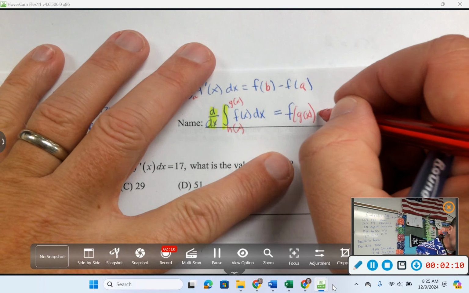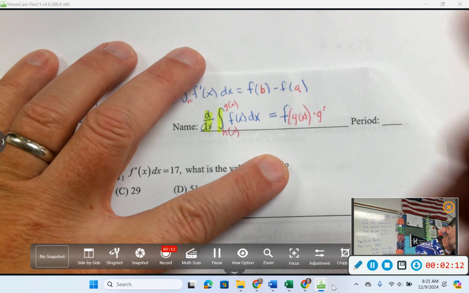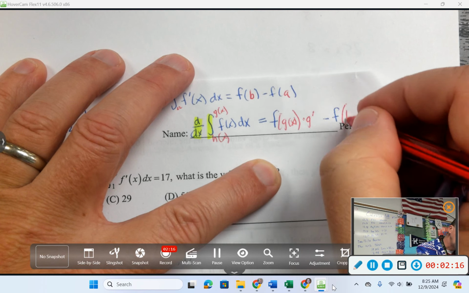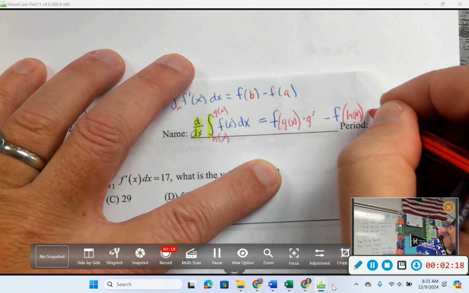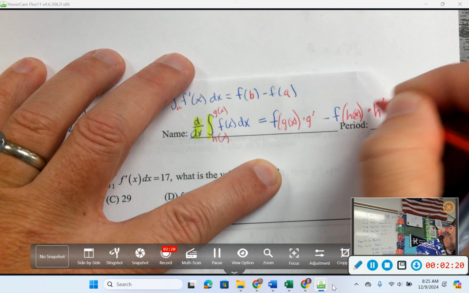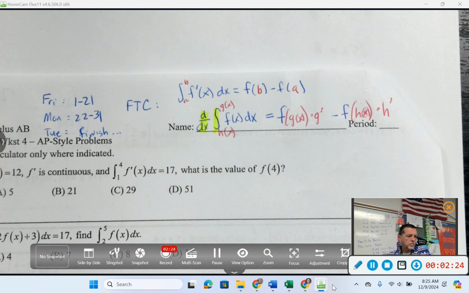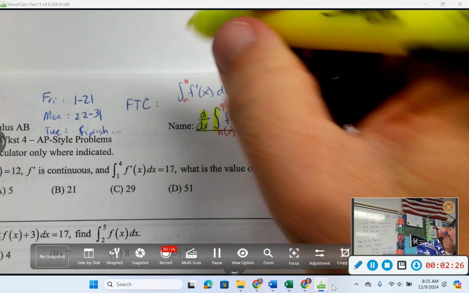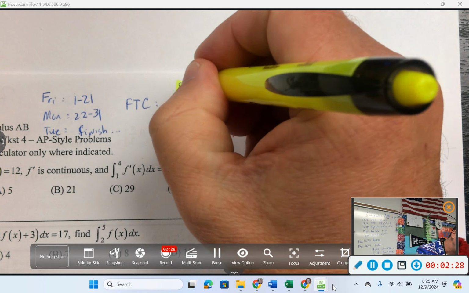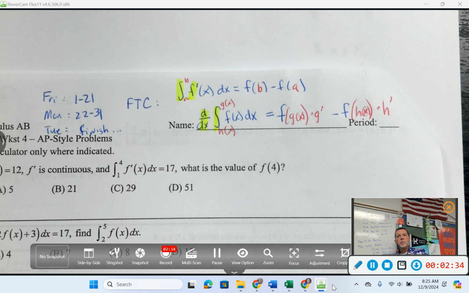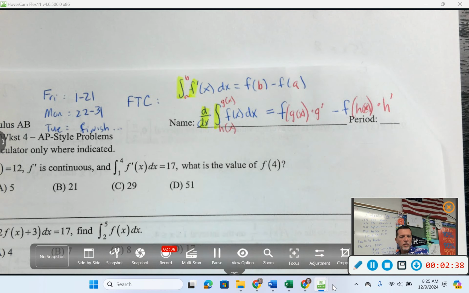So plug in the top times the derivative of the top, minus plug in the bottom times the derivative of the bottom. So again, the whole unit is derivatives and antiderivatives cancel each other out. Well, of course they do. But plug in the top minus plug in the bottom. If you're taking a derivative, don't forget about chain rule.